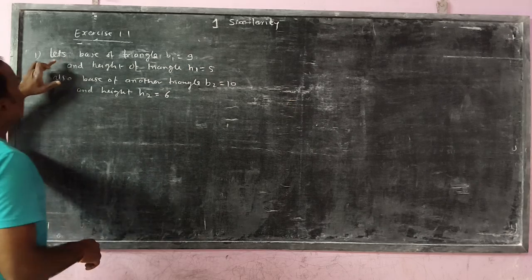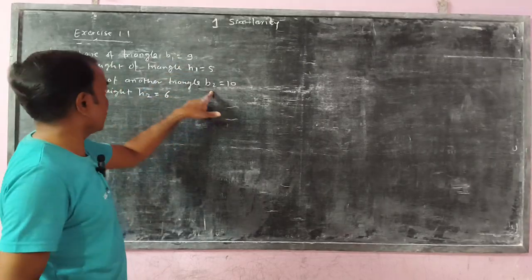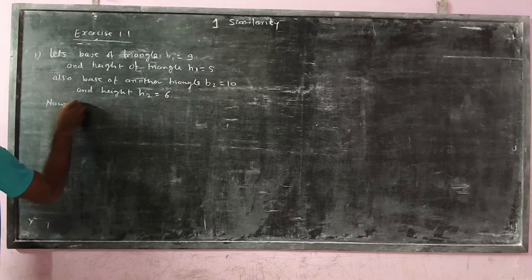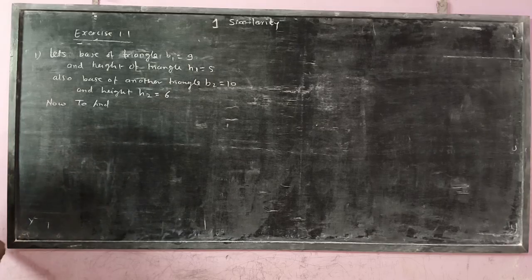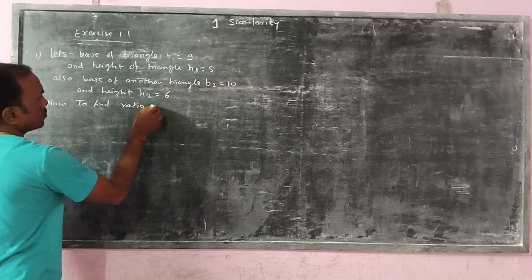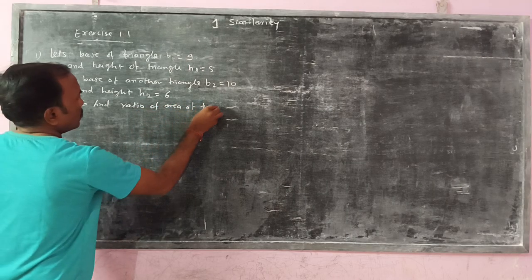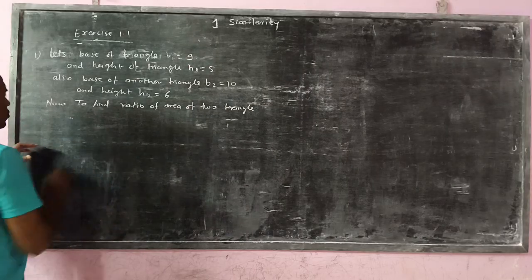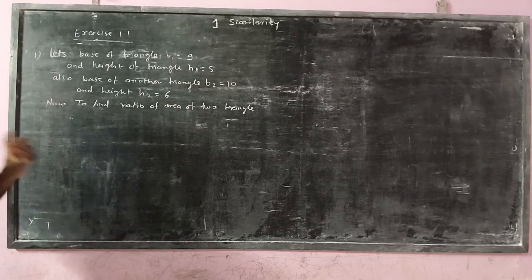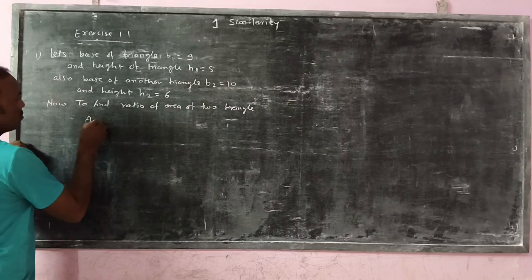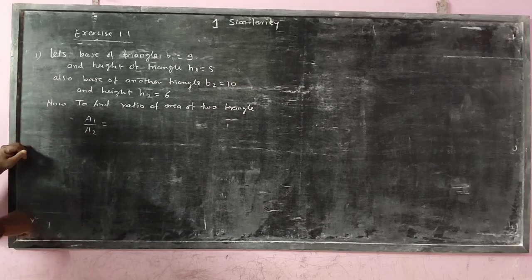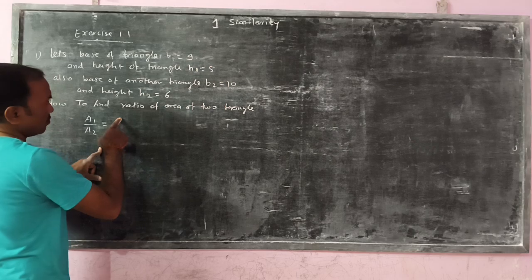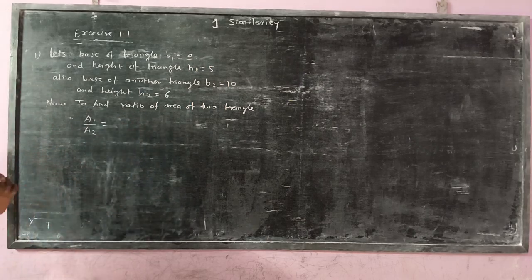So in that case, we are given the base of the first triangle, the base of another triangle, the height of the first triangle and the height of the other triangle. Now to find the ratio of the areas of the two triangles, according to the properties of triangles, the ratio of areas A1 by A2 equals the ratio of the products of the corresponding base and height.